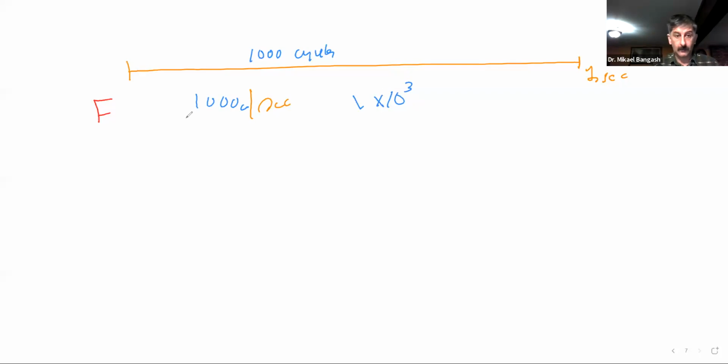This one is 1. This 10 raised to the power 3 here is the thousands. Actually, it is going to be written like this. And then we have the cycles per second. Or it could also be written as the same numbers, but the cycles per second could be translated into what you call hertz.